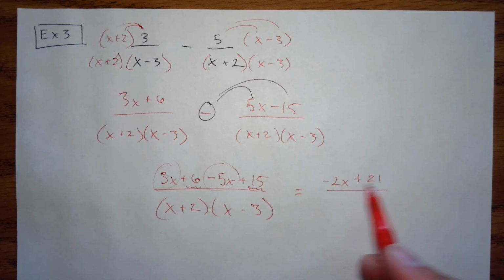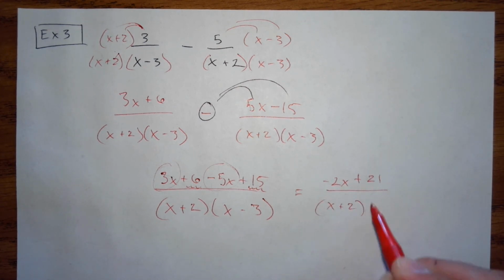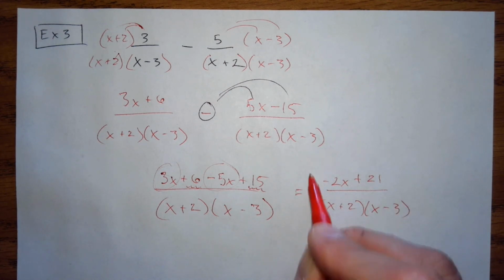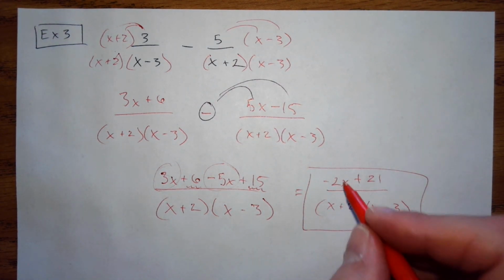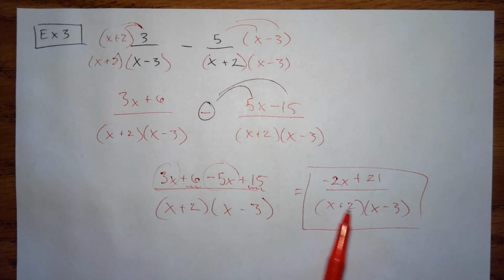I can't factor that. So that's my answer. If you wanted to, you can multiply out either using the box or FOIL. You can multiply this out, or you can leave it. I think I would just leave it.